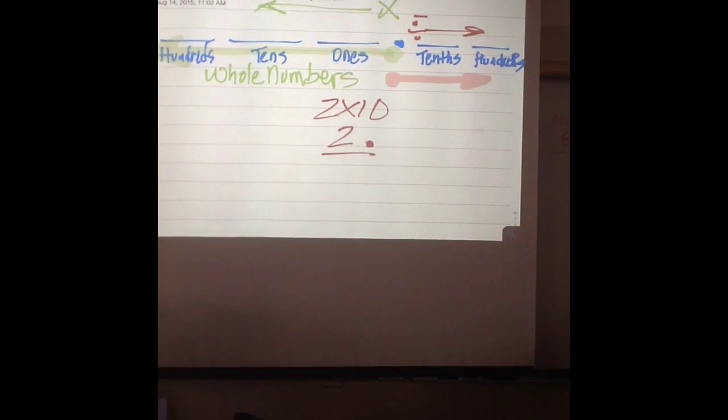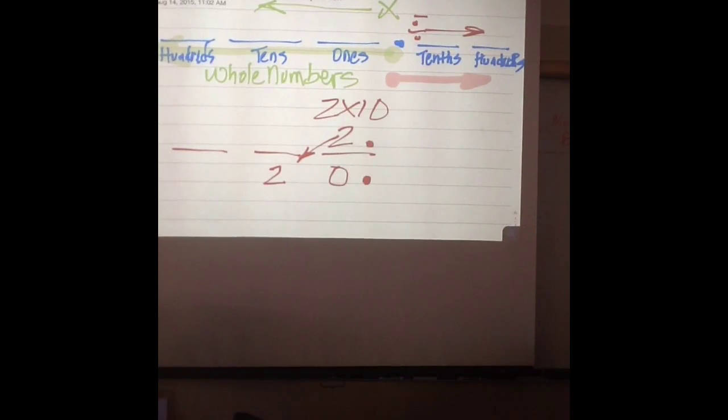If we're going to multiply, which way do you think our number is going to go, place value-wise? It's going to go to the left. So 10 times 2, the 2 is going to move over how many places? It's going to move over one place. So it becomes 20.